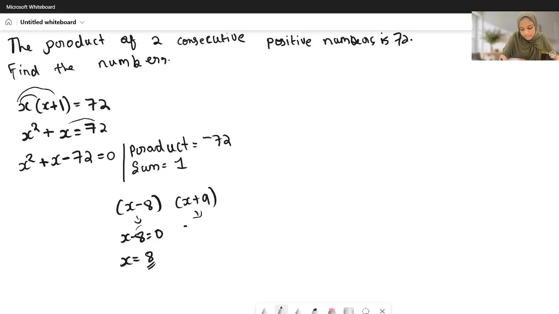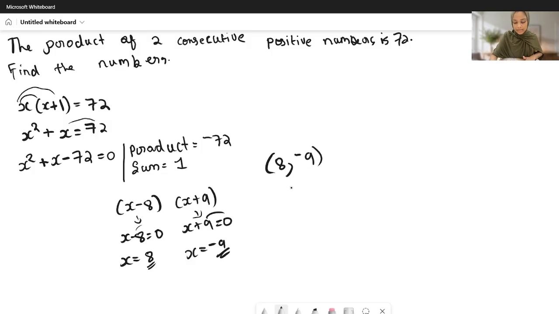Just like that, x plus 9 is equal to 0. We take 9 to the other side, so it is minus 9. So we got the numbers as 8 and negative 9, but that doesn't match up because it's asking for consecutive numbers. Here 8 and minus 9 are not consecutive.